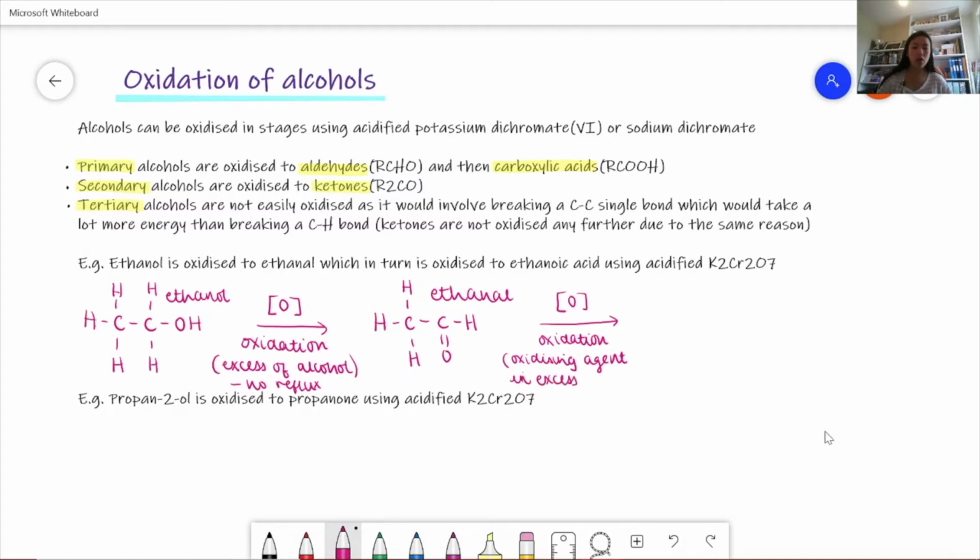And also we do have reflux this time. So this forms the ethanoic acid, which has a display formula of CH3, C double bond O, OH. So this is our ethanoic acid.